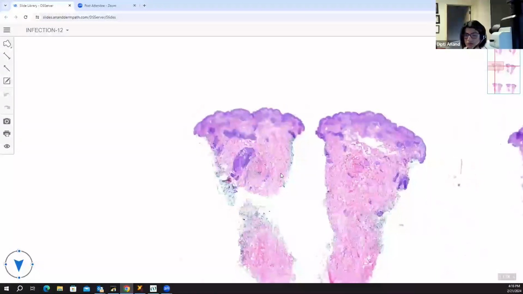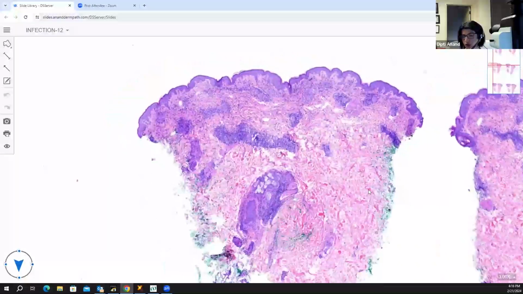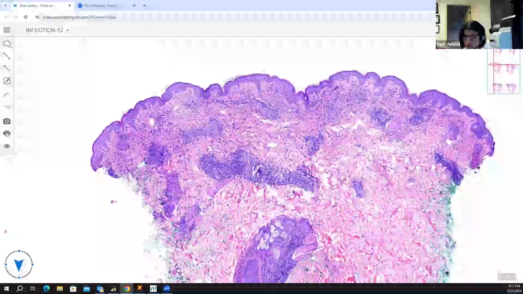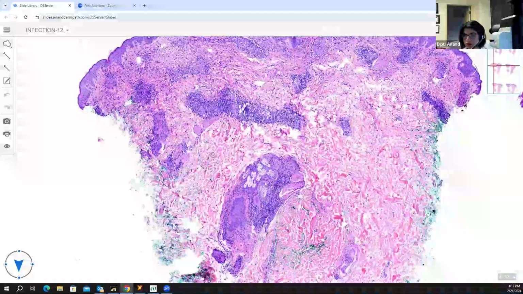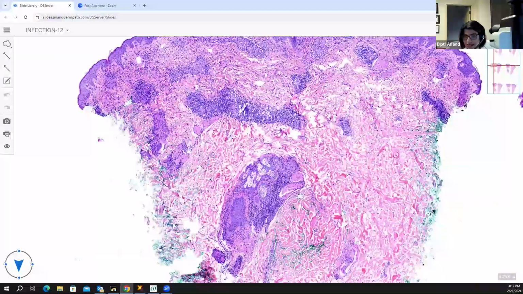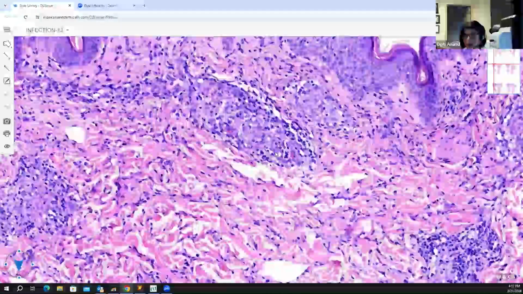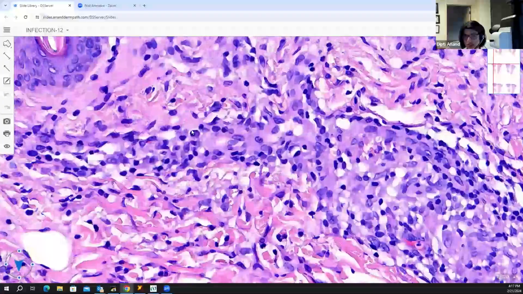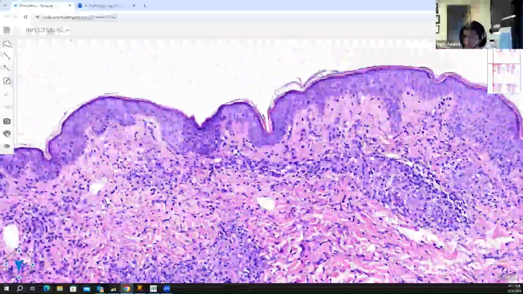This is the reaction pattern of a tuberculoid granulomatous dermatitis. So remember when we talked about tuberculoid granulomas, these are vertically oriented granulomas, perpendicular to the epidermis, growing around your follicular or vascular axis. And if you go up on high power, and the granulomas contain plasma cells, which is what you see in here, numerous plasma cells, that again is very consistent with secondary syphilis.